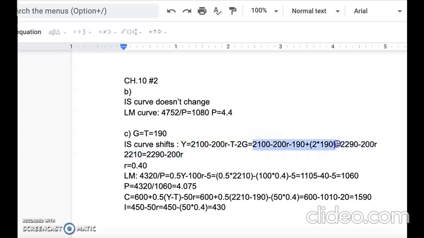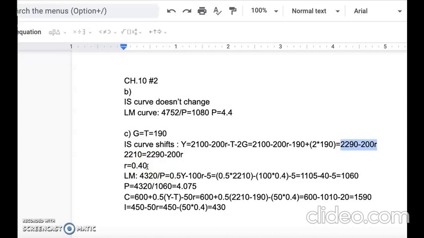We will get, it looks like that. And after that, we are also using the unchanged full employment output Y, which is equal to 2,210. It was given, and we just equate it to the remaining part with the changed G and T, and we will get a new interest rate, which is 0.4.